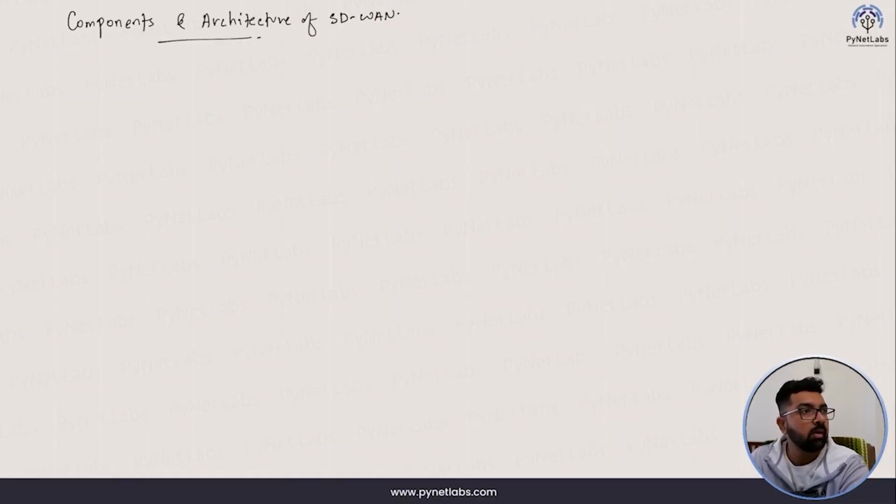So in the components and architecture of SD-WAN, you need to understand how Cisco's SD-WAN works and what all are the components that come along with it. There are four major planes which Cisco's SD-WAN provides you. Number one, we have the management plane.